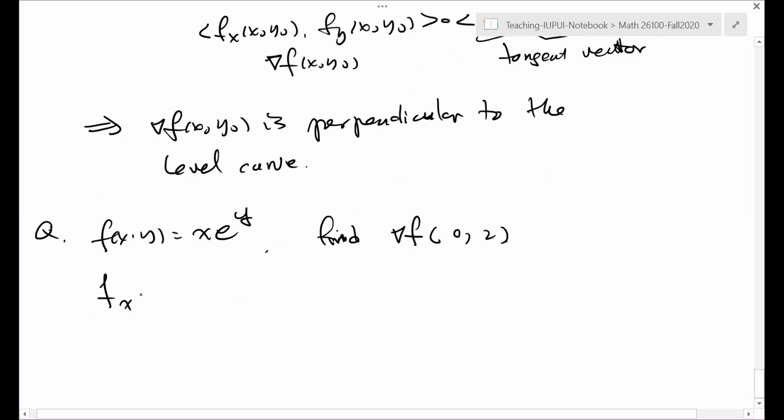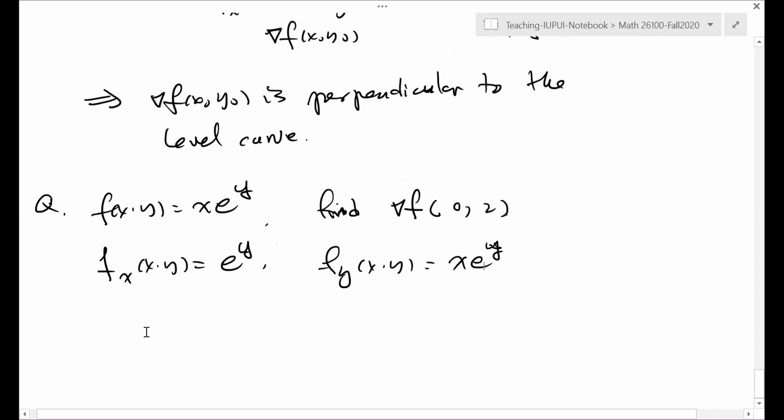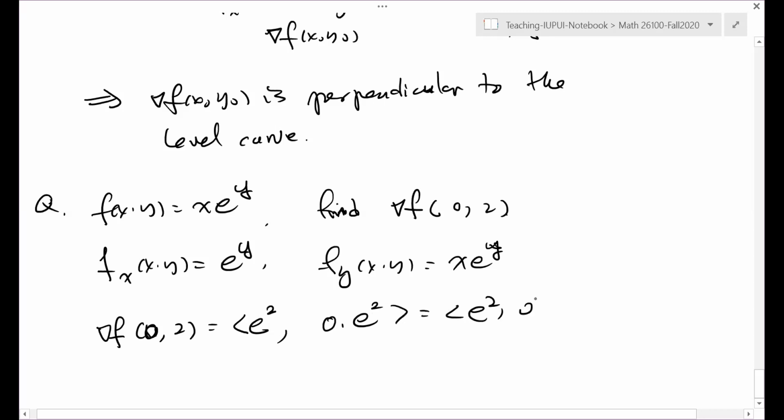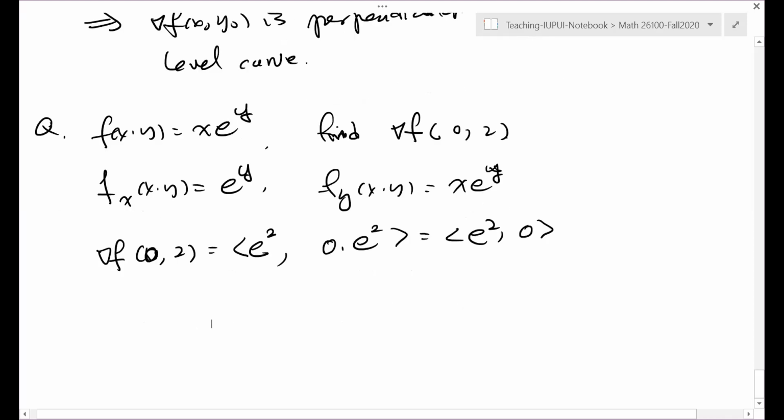Let's find the partial derivatives. The partial with respect to x is e to the y, and with respect to y it's x e to the y. So just use the algebra; you don't need to understand the geometry, just write down the formula. When x equals 0, y is 2, so the answer is e squared and 0. This is the gradient.